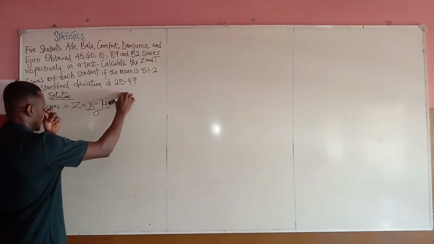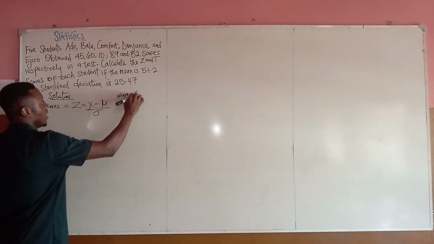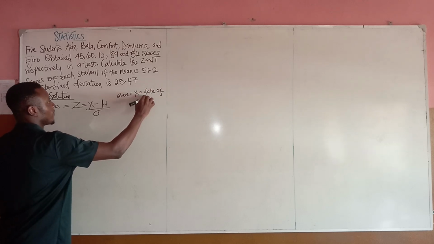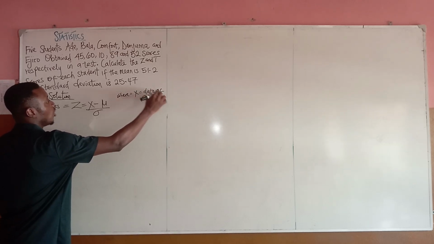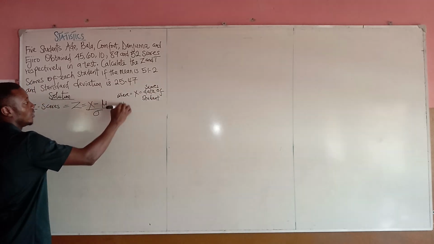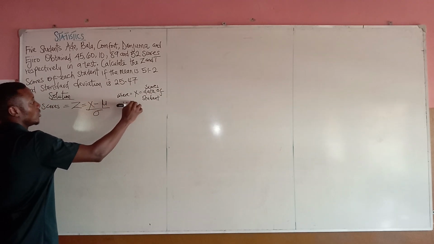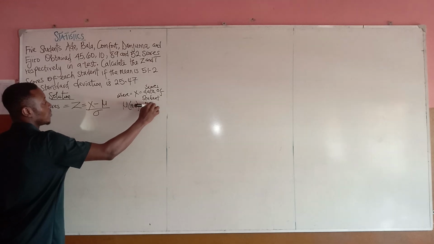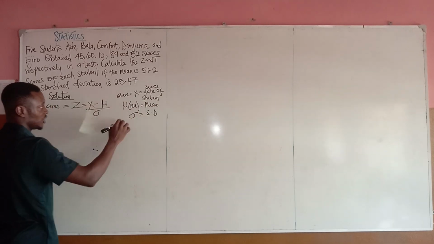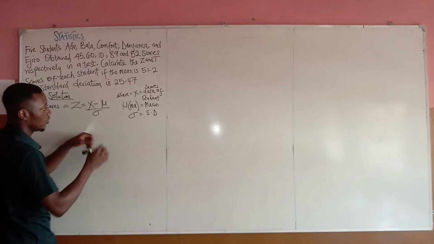Let me just give a short breakdown. x is equal to the data of students, or you can also say the scores of students. Then mu is our mean, and sigma is our standard deviation.